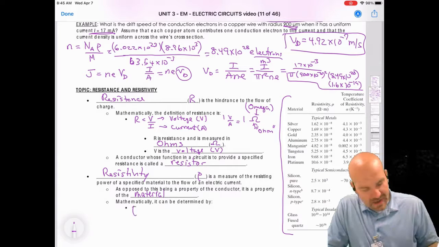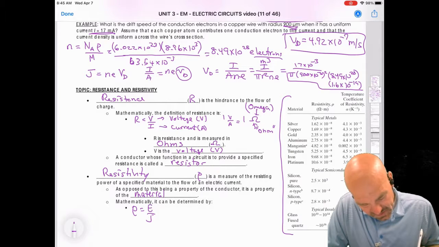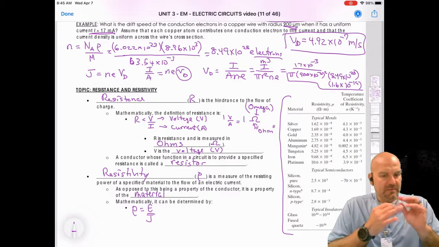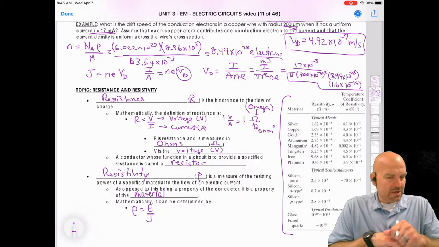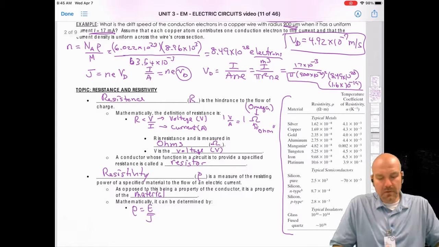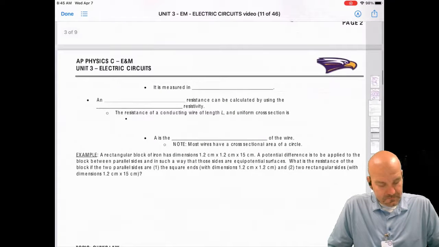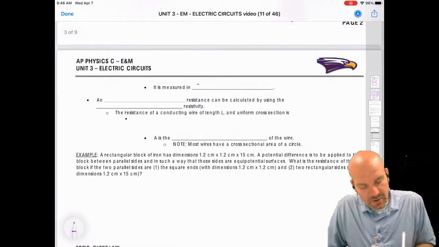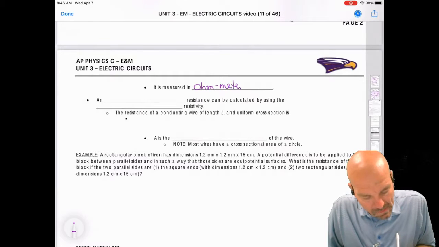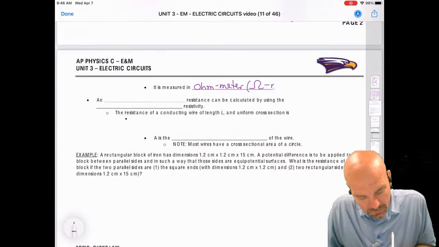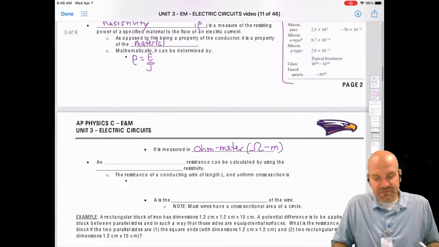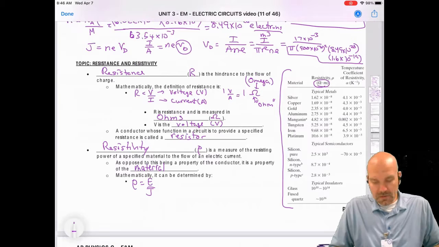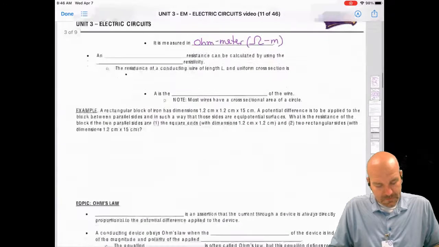Mathematically, we simply find it as E over J, the electric field divided by J, which is the current density. And resistivity is measured in ohm meters. If you look at this chart right here, it's an ohm times meter.